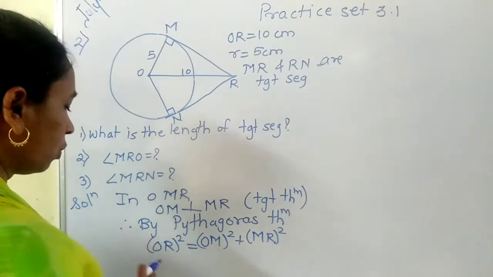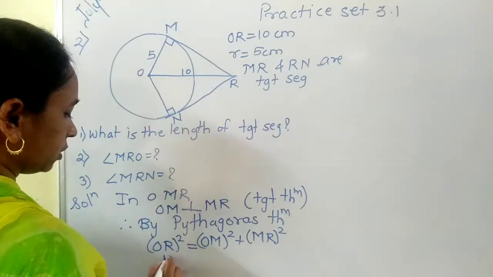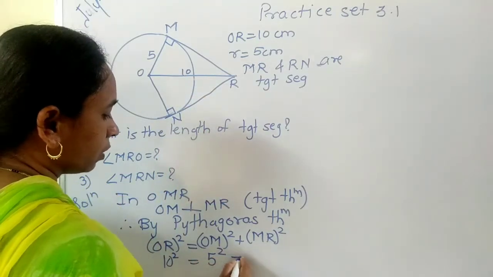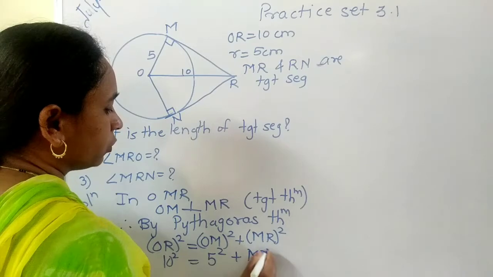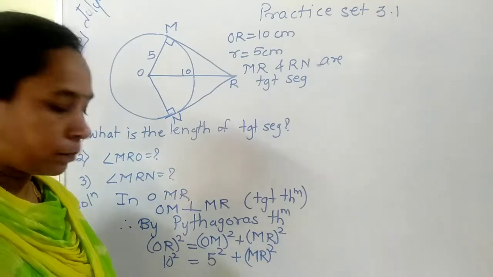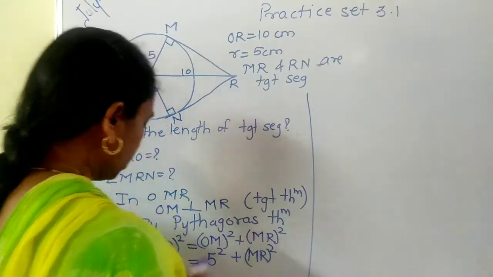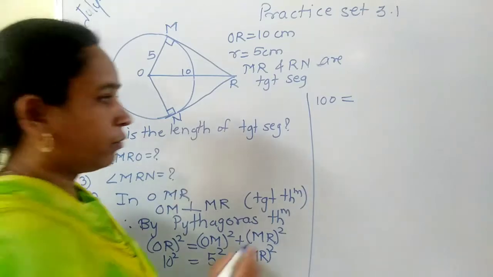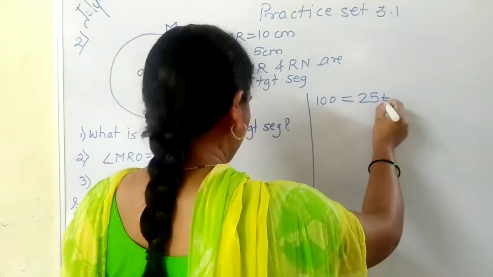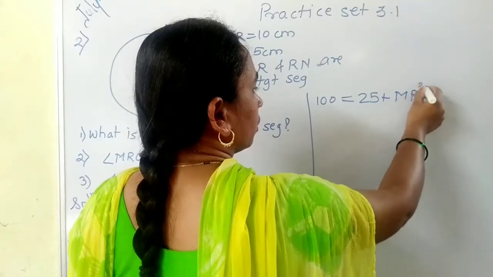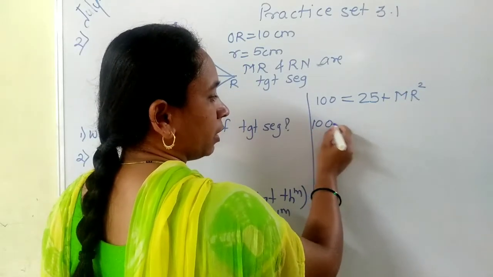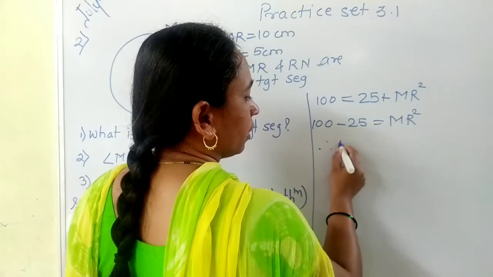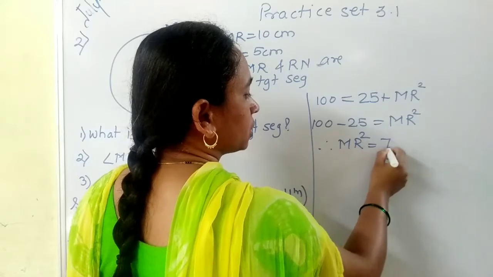If you put the values, OR is given 10, so 10 square is equal to OM's value 5 square plus MR, which we have to find out. I'll keep it as it is. Making squares, 10 square is 100 is equal to 5 square is 25 plus MR square. Transfer 25 to this side, so 100 minus 25 is equal to MR square. Therefore MR square we will get 75.